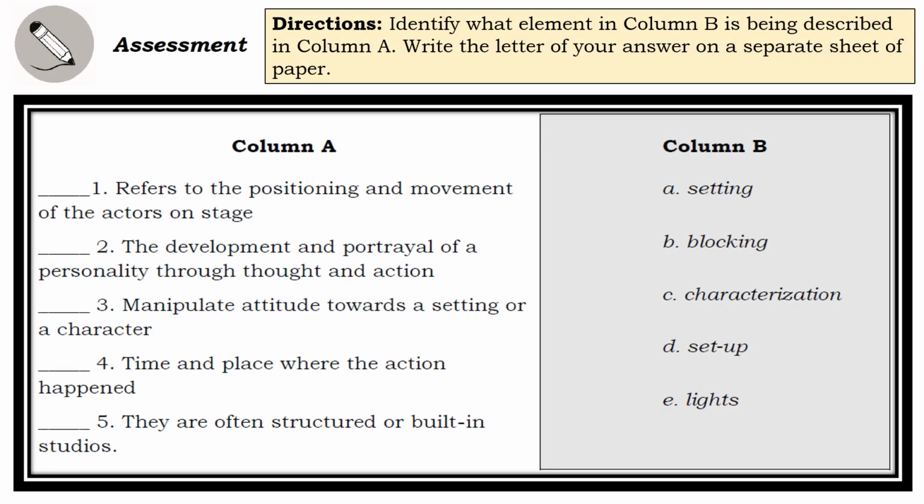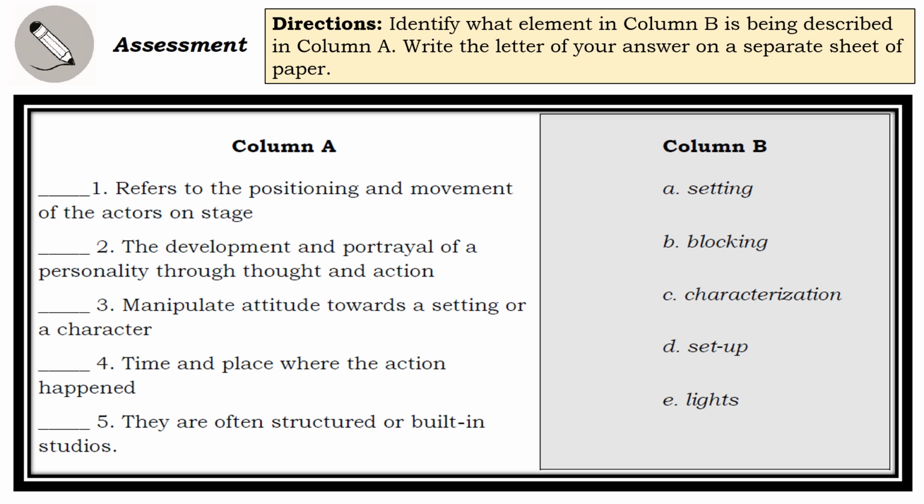Identify what element in column B is being described in column A. Again, write your answers in your notebook. These are the items in column A. Number 1 refers to the positioning and movement of the actors on stage. Number 2, the development and portrayal of a personality through thought and action. Number 3, manipulate attitude towards a setting or a character.